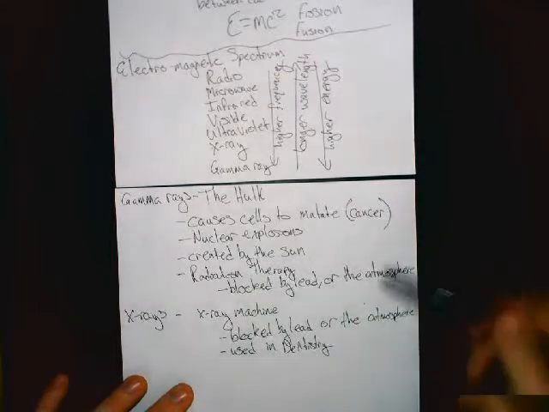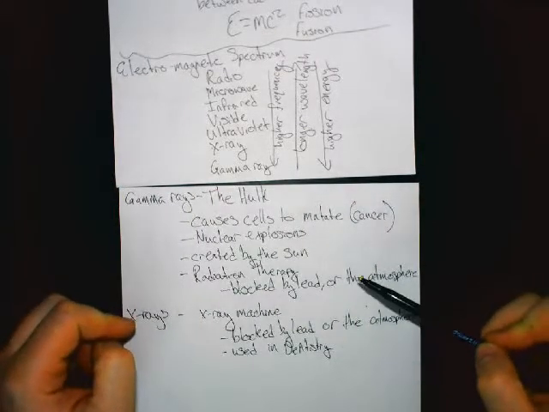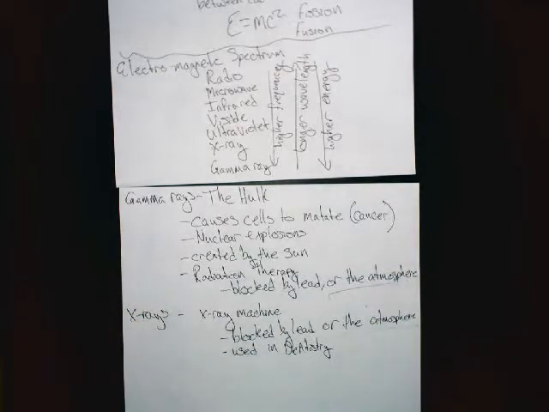If you were to decide to be an astronaut, X-ray and gamma radiation would be one of your concerns because you'd be outside the atmosphere. And actually, one of the things they have to monitor with astronauts when they do spacewalks is how long they're out in space, simply because they get an extra amount of gamma and X-ray radiation that can be cancerous.